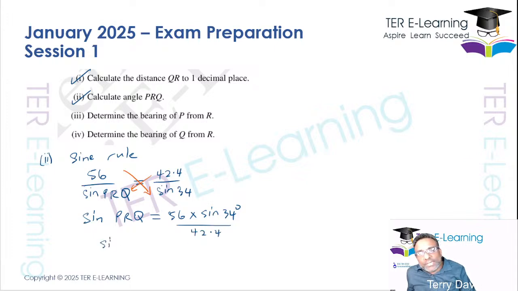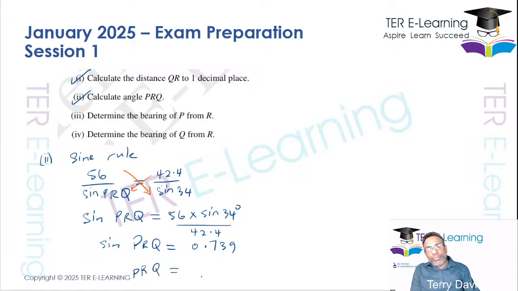So sine PRQ is 56 multiplied by sine 34 divided by 42.4, and I'm getting 0.739. So therefore PRQ, what we're going to do, we're going to find arc sine of 0.739, and you're getting about 47.6.